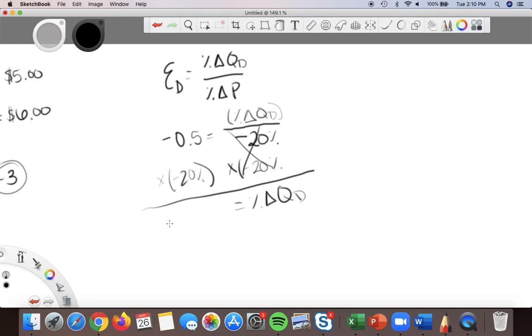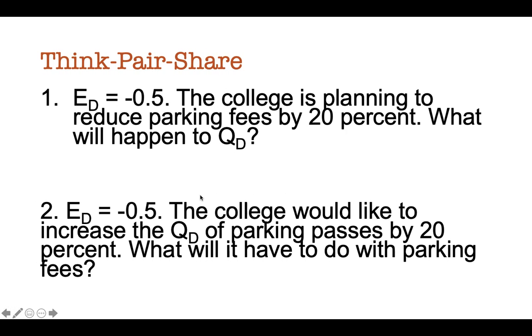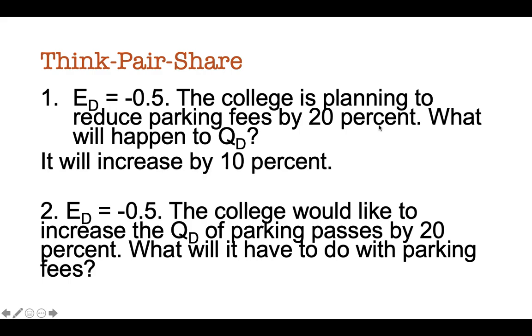If you type that into your calculator, you should get negative 10%. Or a positive 10%, right? Because two negatives equal a positive. My mistake there. Don't forget your negative signs. So negative 20 times negative 0.5, we got positive 10%. So if the college reduces their parking fees by 20%, they can expect a 10% increase in sales.